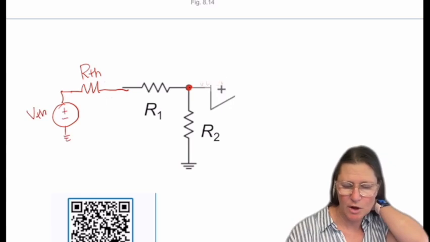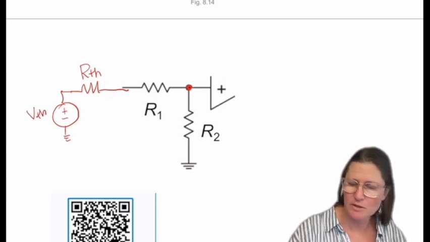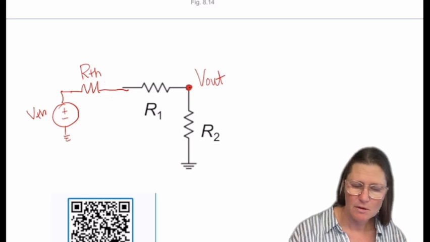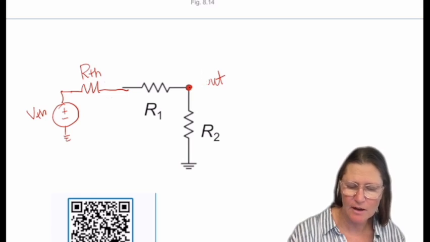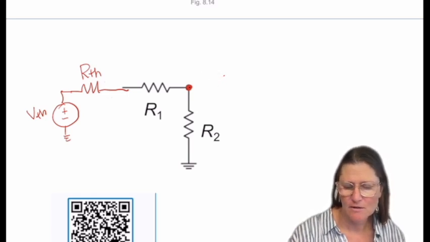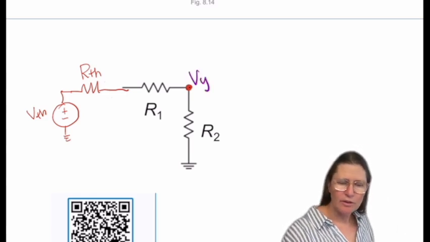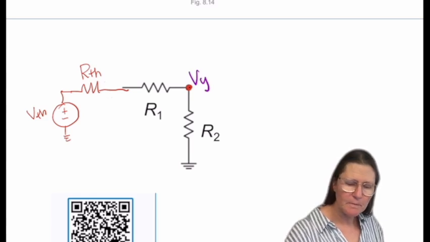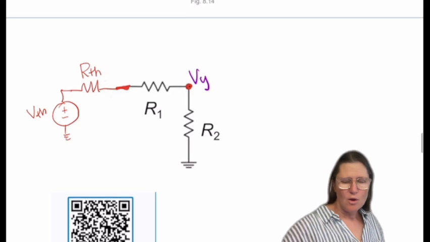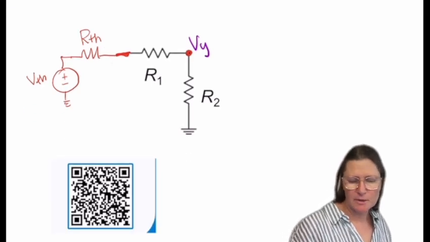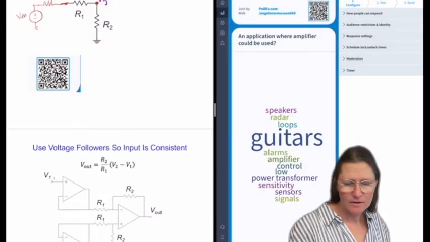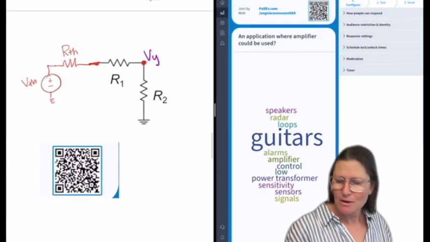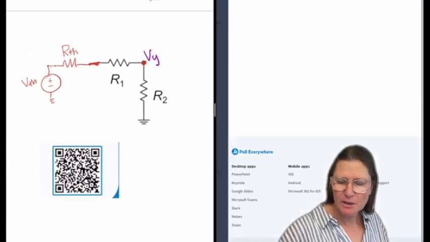Ideally we want this to be our input. So I'm going to call this VY. If this was my circuit, what is VY going to be here? Go ahead and write what you think VY would be here.